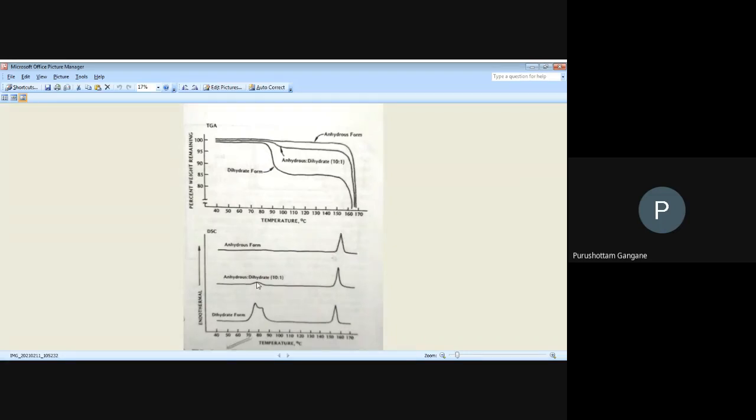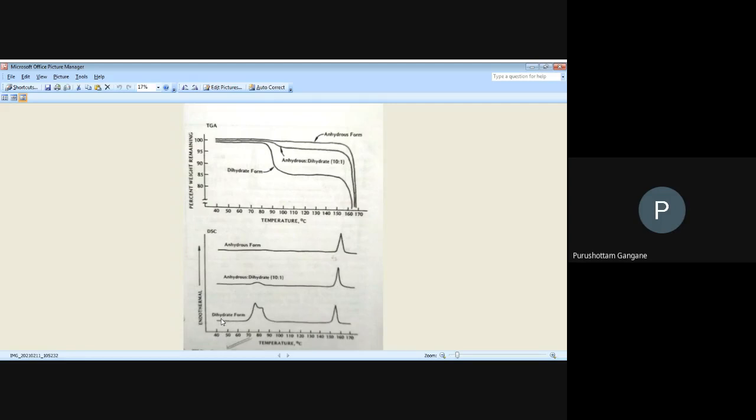Then the anhydrous and hydrous ratio, that is 10 parts anhydrous and 1 part dihydrate, if it is a mix, gives one sharp peak with a small initial peak and another second sharp peak, and the full dihydrate form.